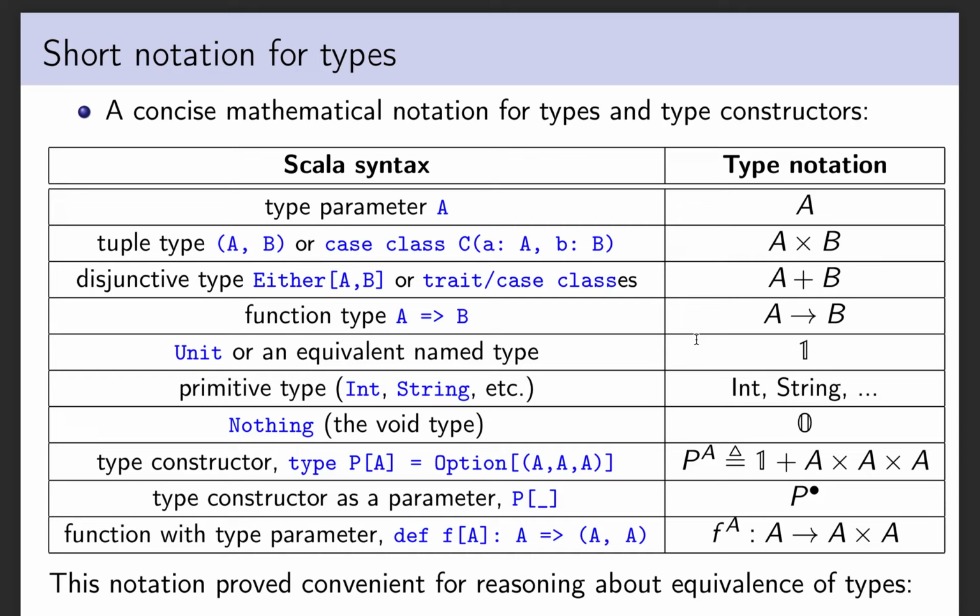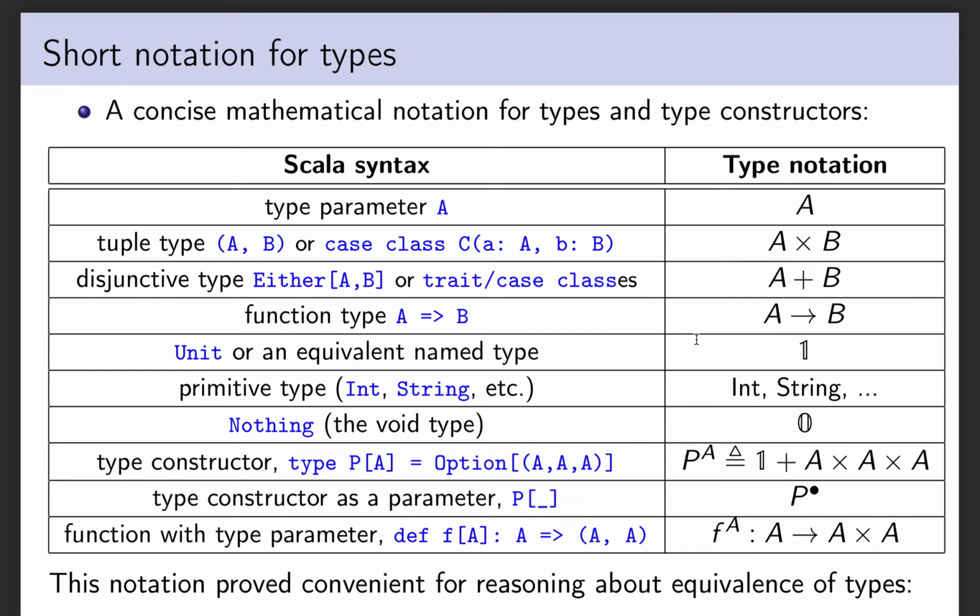So this table is a type notation. Instead of writing Scala syntax for types, I write what you see in the right column of the table, some kind of mathematical looking formulas where type parameters are just letters, the tuples are products, the Eithers and case classes are sums, so I call them disjunctive types because they model disjunction of different possibilities.